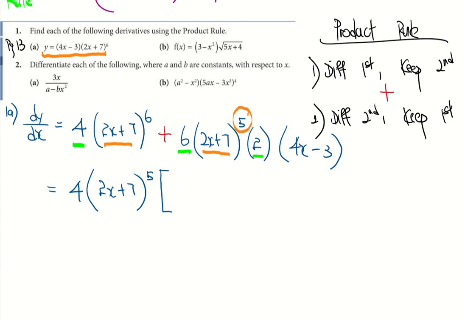The 4 is done. 2x plus 7 for the first term is left with 2x plus 7, but with a power 1. You don't need to write bracket power 1, it is fine. Likewise for the second term, the number taken out is 4, but 6 times 2 is 12. If I take out 4, it's left with a 3. There's no more term for 2x plus 7, but we have a 4x minus 3.